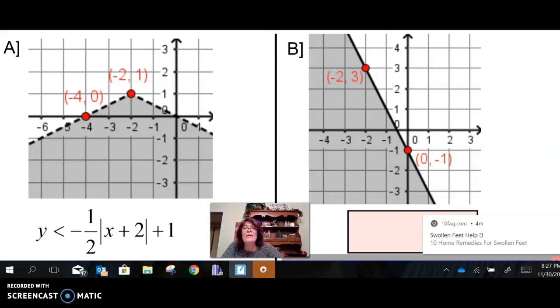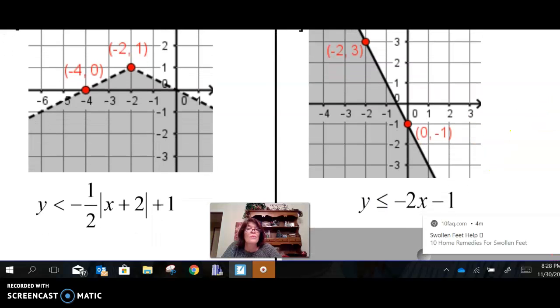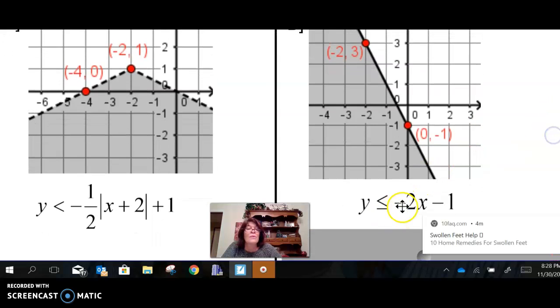But it's not y equals, right? It's y is less than or equal to -2x minus 1 because the y-coordinates are underneath the line. Or again, I could try 0, 0 out, and 0 is not less than -1. So I knew 0, 0 couldn't be in the shaded spot.